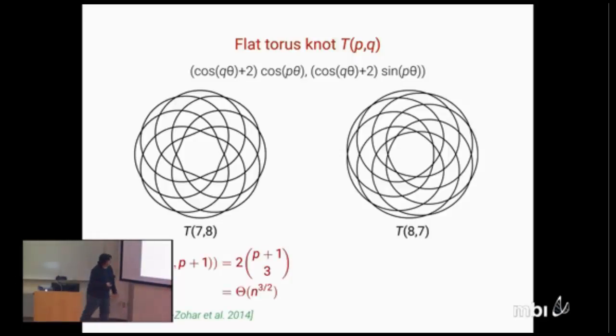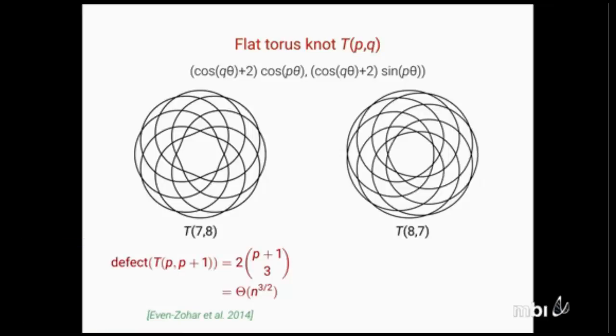The specific example I think that is interesting here is if Q is equal to P plus 1, then we have an exact answer. The defect is 2 times (P+1 choose 3). This is about n to the 3 halves over 12. Okay. And this specific example, or something very close to it, was previously used by Evan Zohar and Joel Haas and a few other people for investigating invariants of random knots.